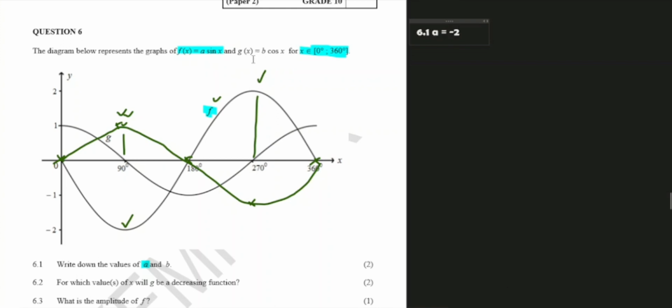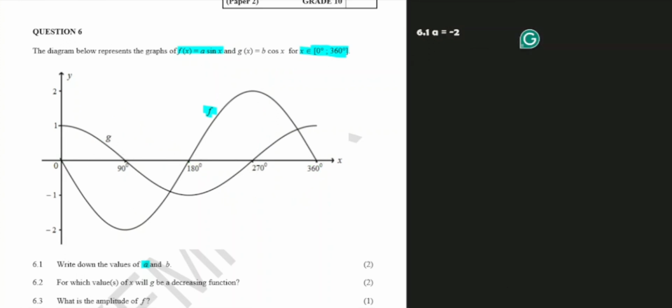What about g of x? It means you have to erase everything here. So you're going to do the same thing for g of x. Refer to the base model where x is 0, y is equal to 1. Where x is 90, y is equal to 0. Where x is 180, y is equal to negative 1.